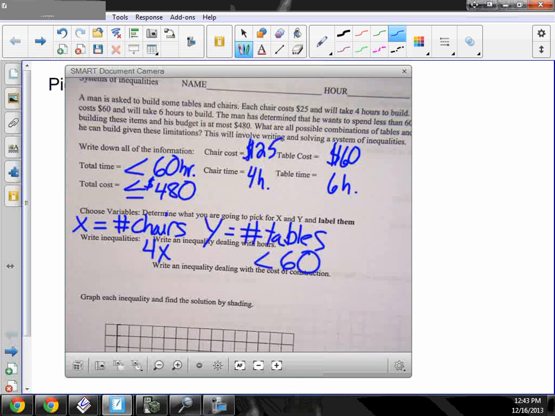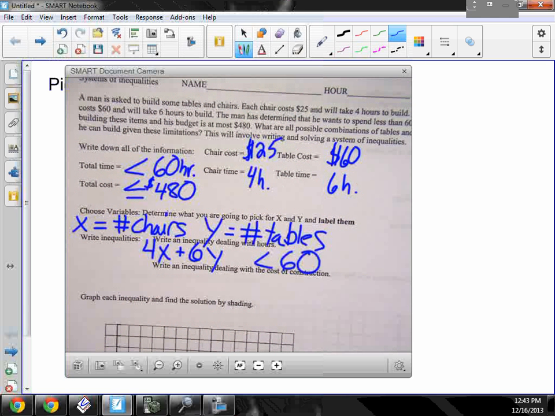Could X be 0? Yeah, he might not make any chairs. But X could represent a large domain of numbers. All right? How long is he going to spend building tables? 6 hours per table, so we're going to add 6y to that.